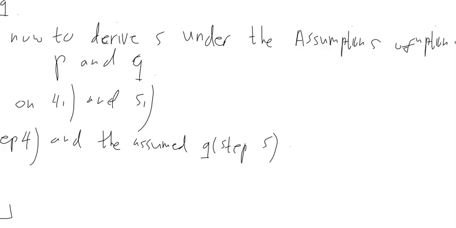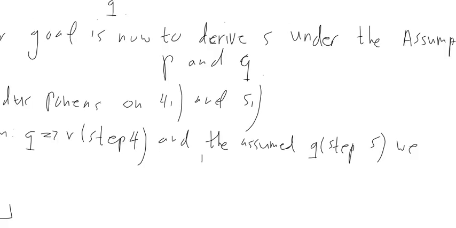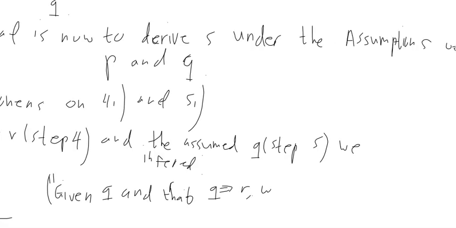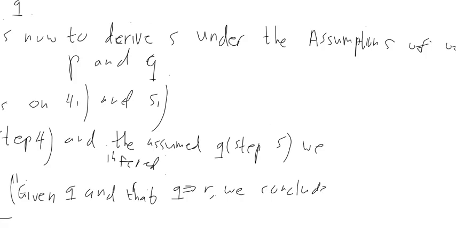We just inferred what R is, because the justification is that given Q, and the fact that Q implies R, we conclude R. We concluded R.